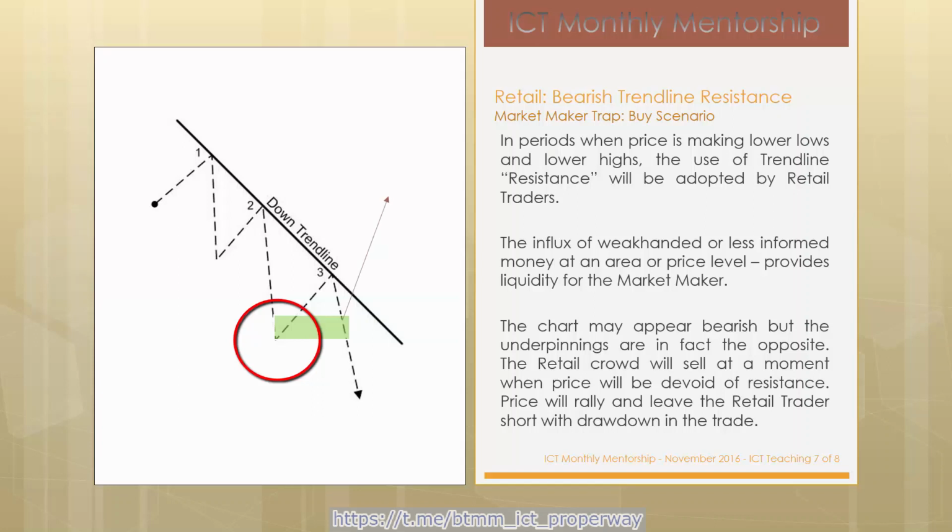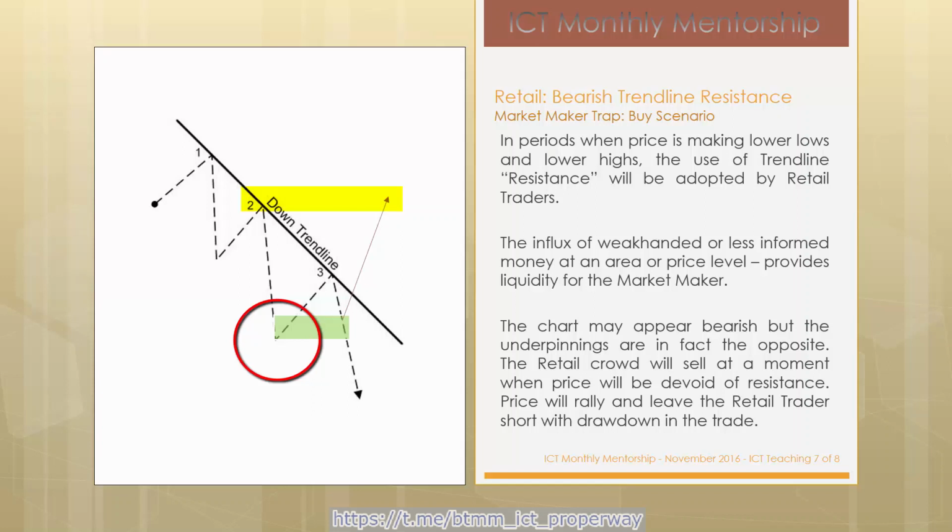Now, a point at which I want to draw attention to is the second point at which you have that trend line. In other words, the first high you see, and then it comes down and makes a lower high at number 2, and it trades lower, and you think it's going back up to make a number 3 point high that's lower, or 3 times touching on that downtrend.